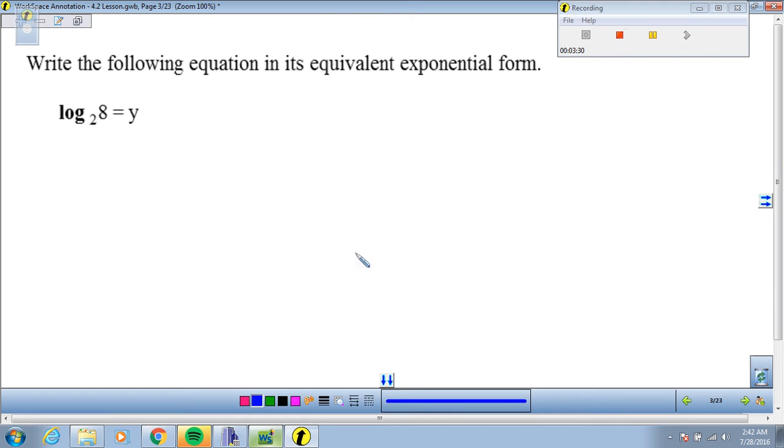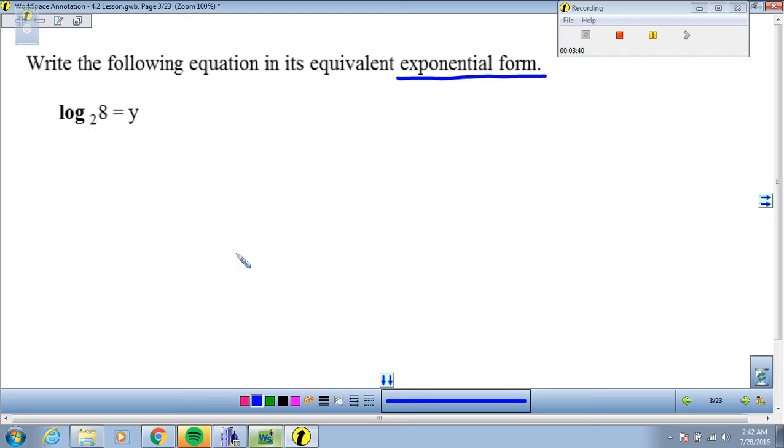So the first question says, write the following equation in its equivalent exponential form. This is written in logarithmic form, we can see, because it has a log. As soon as you see log, that's the abbreviation for logarithmic. They want you to write it in exponential form.